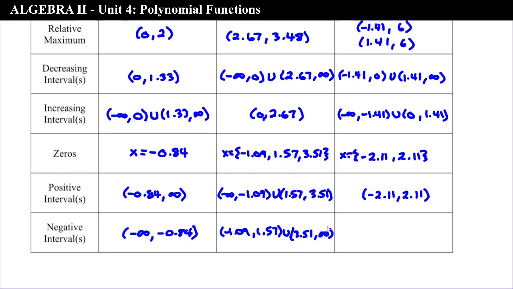And then we have our negative interval from negative infinity to negative 2.11, union with 2.11 to infinity. Okay, so again, you can use this information to try it out in your calculator to see if you can come up with the same results.